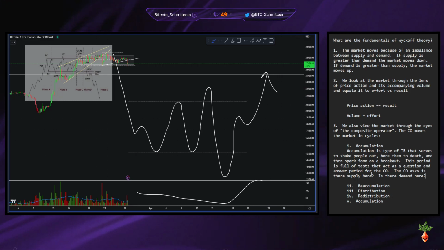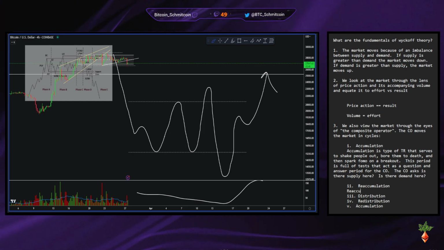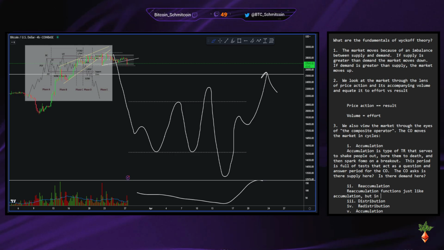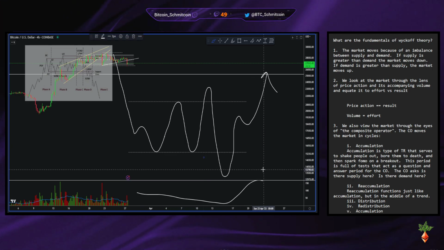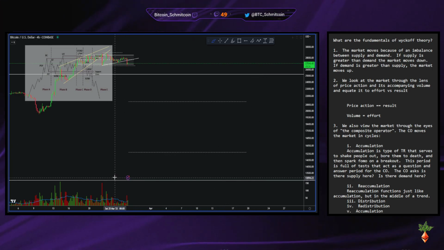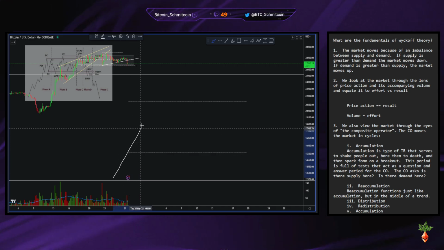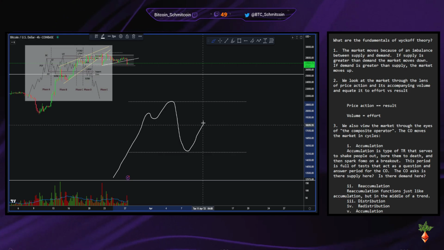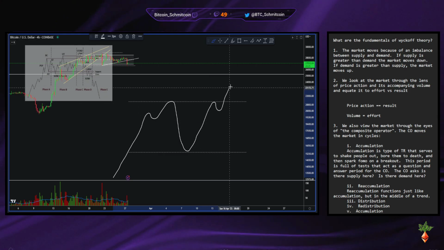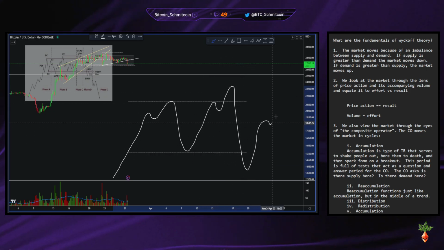Okay. Now reaccumulation. Reaccumulation functions just like accumulation, but in the middle of a trend. So the market comes up in a bull market, boom, forms a top, forms a bottom, boom. Sometimes it comes up, sometimes it goes down, then it goes like that.